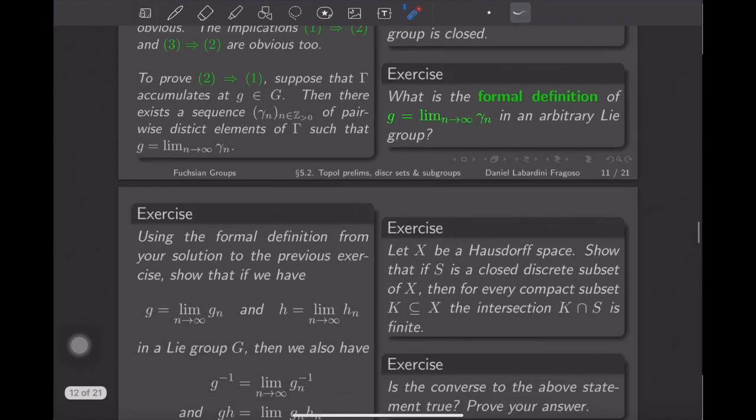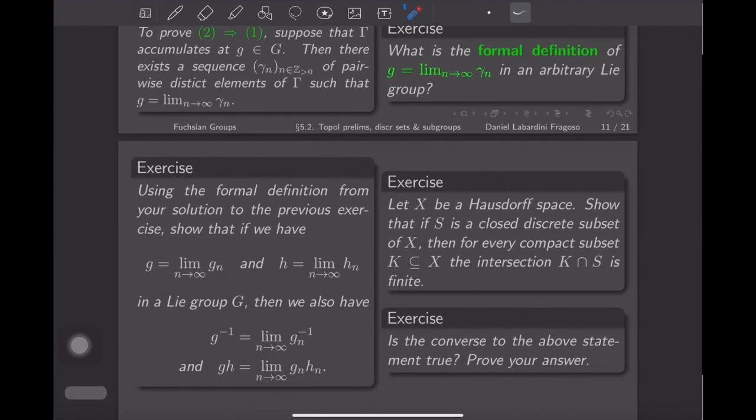And I would really have to prove that the limit for converging sequences Gn Hn is the product of the limits, and that the limit of the inverses is the inverse of the limit.